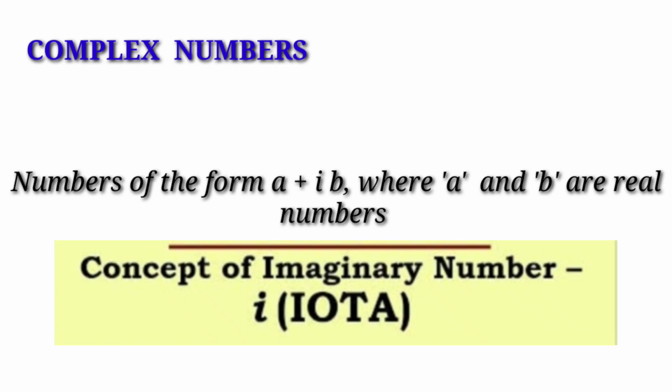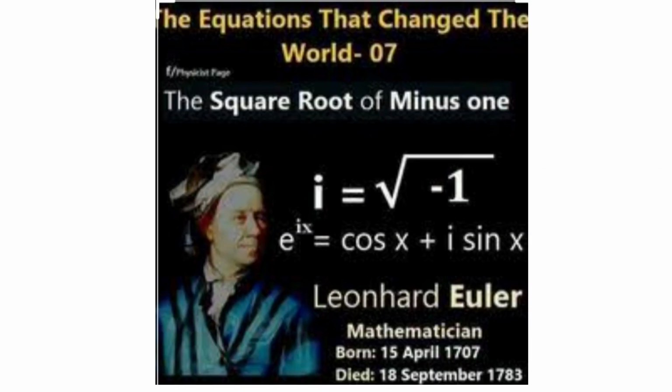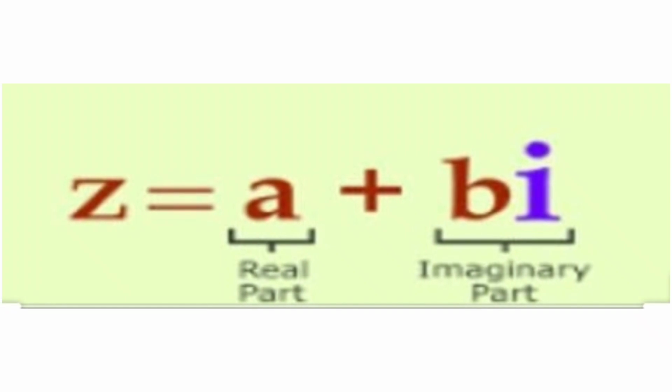Euler was the first mathematician who introduced the symbol i, read as iota, with the property that i equals square root of minus 1. Complex numbers are generally denoted by z. So, z equals a plus ib.